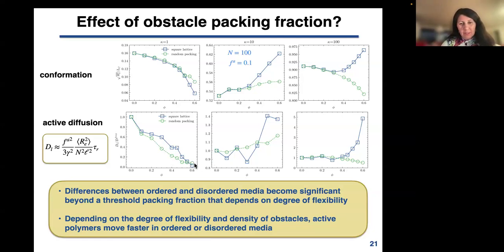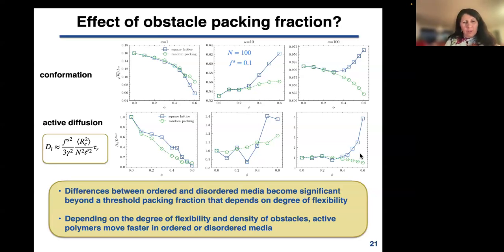Only at the very high one, it can go over, like the last slide. But it shows also some weird behavior in the intermediate stiffness because you can see that the periodic is a bit lower and the random is a bit higher diffusion. But again, if you go to very high packing fraction, it goes the other way around. But okay, for the very high stiffness, it's more clear that the ordered ones are diffusing faster.